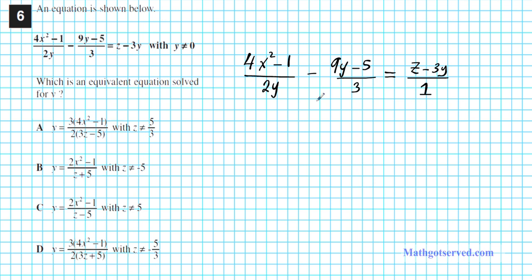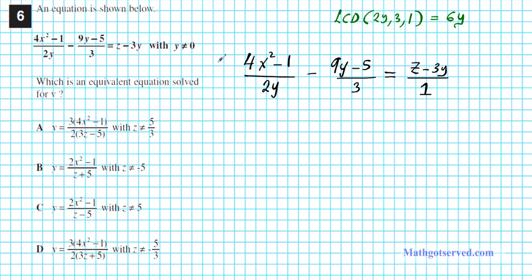So what is the LCD of 2y, 3, and 1? The LCD, lowest common denominator, of 2y, 3, and 1 is simply 6y. All these three terms go into 6y evenly. So what I'll do is multiply everything by that.